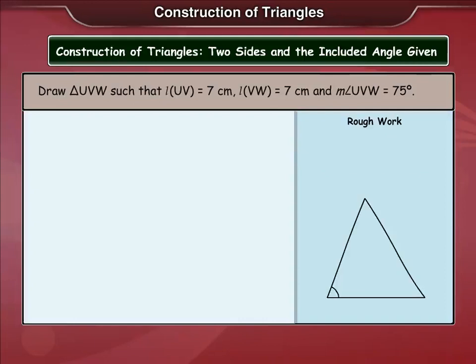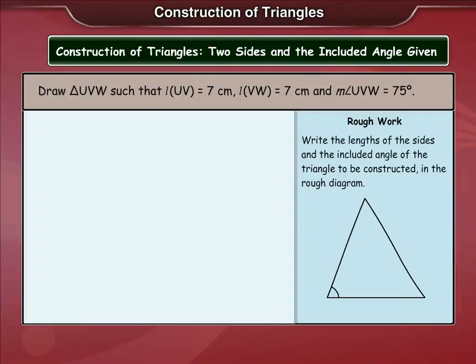Mark point X at 75 degrees. Join point V and point X to get ray VX. The measure of angle XVW is 75 degrees.